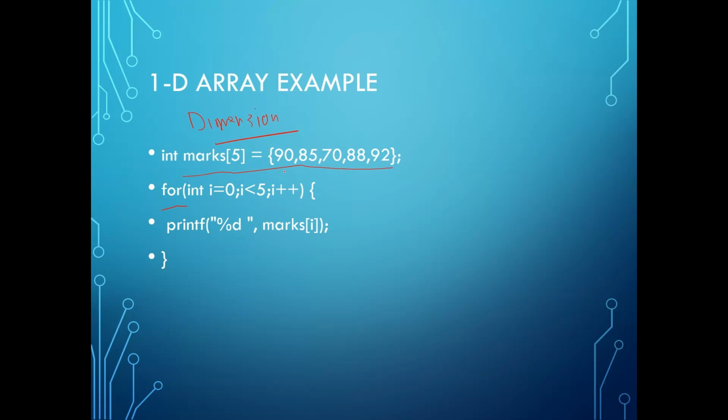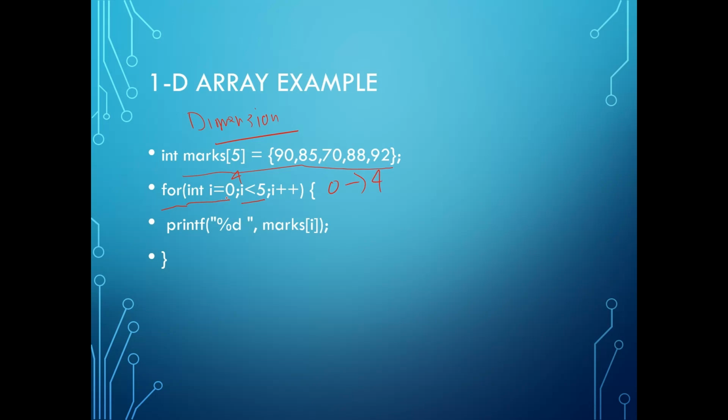If you want to print this, you use a for loop. Firstly, initialize with the zeroth position, and it will go while less than 5. Less than 5 would be 4, right? So it will run from 0 to 4.